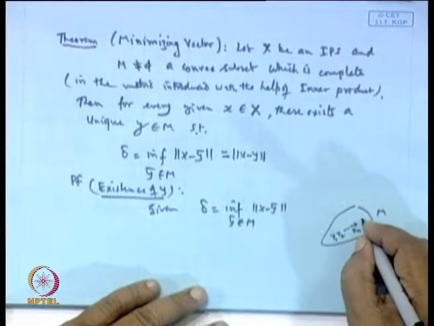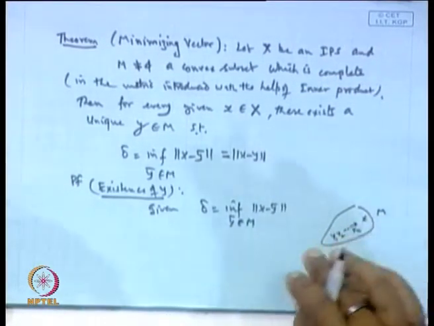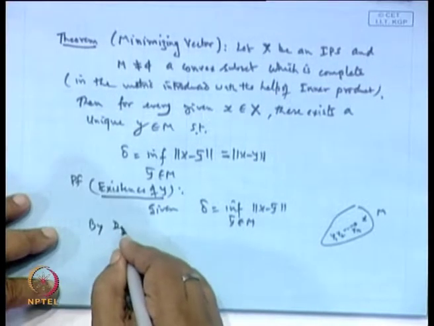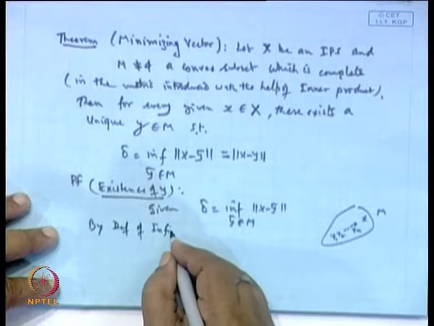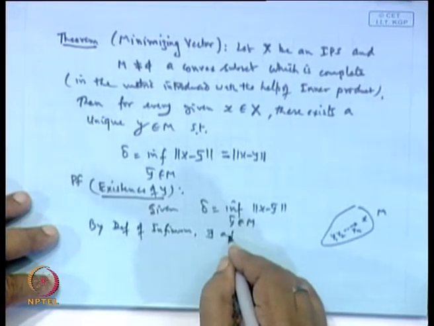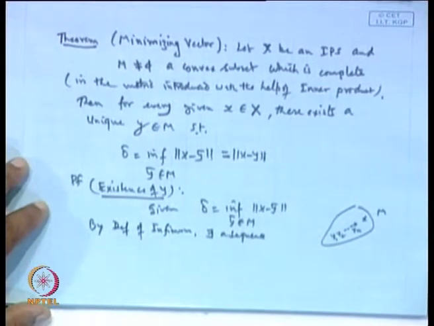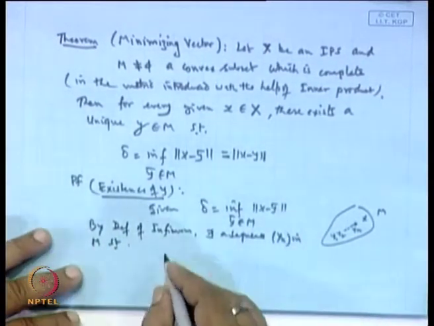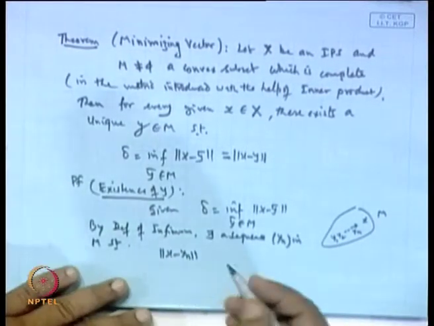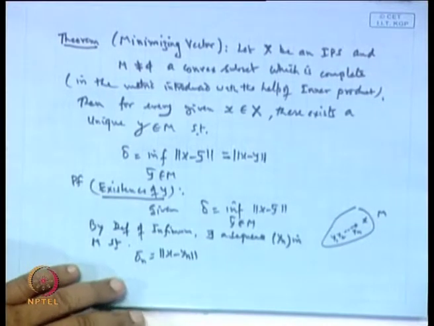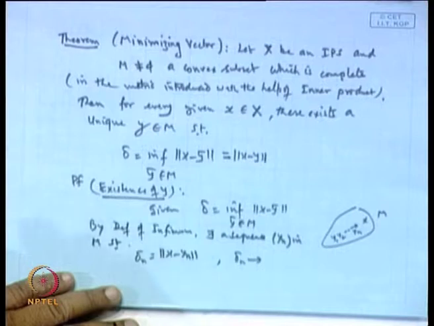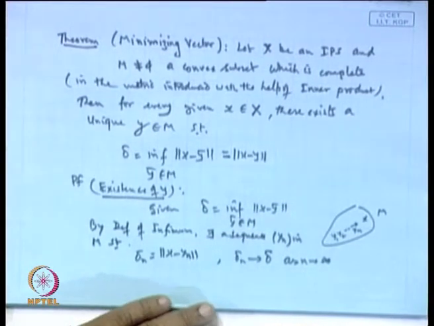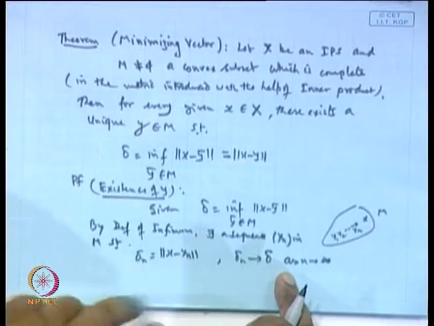So, we can say that by the definition of the infimum, there exists a sequence y n in M such that norm of x minus y n, say equal to delta n, goes to delta as n tends to infinity.